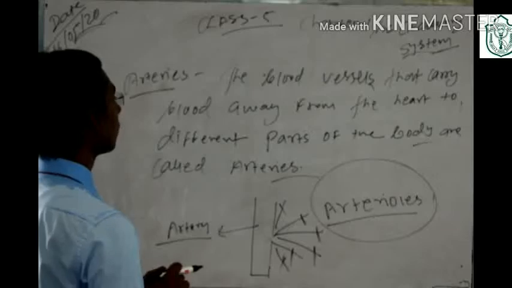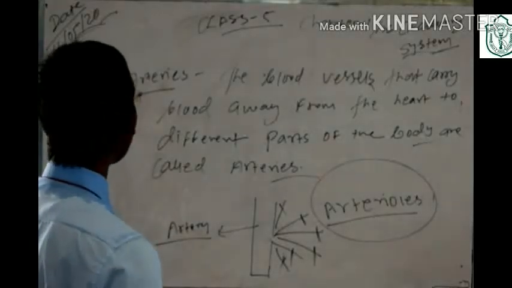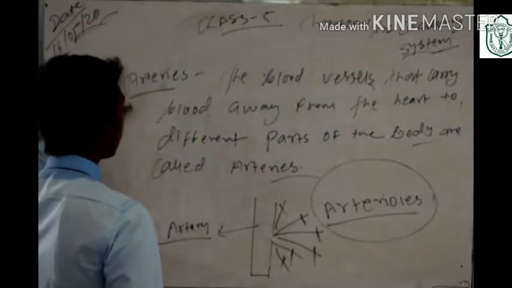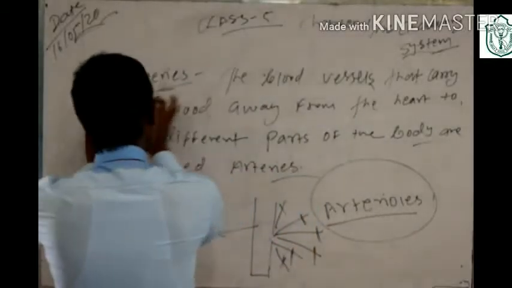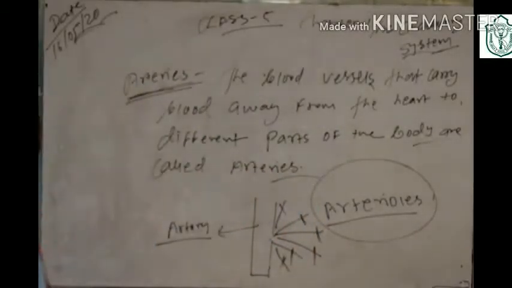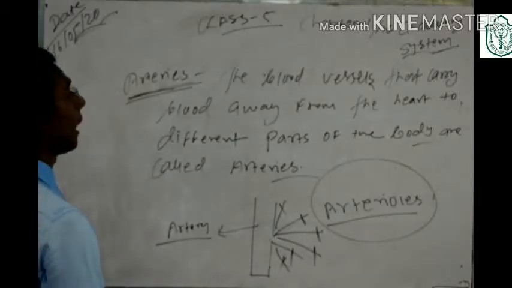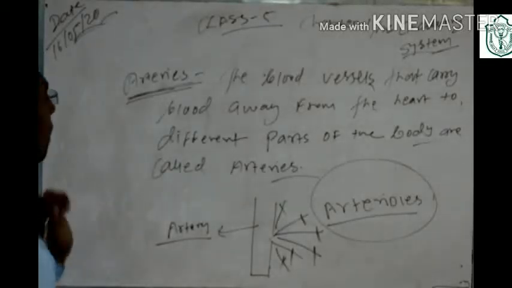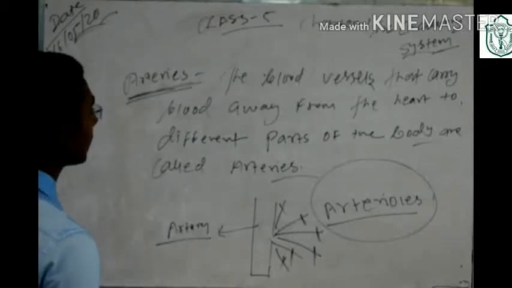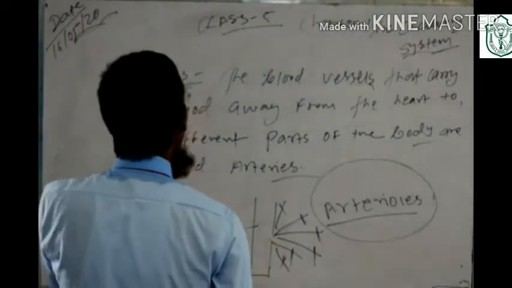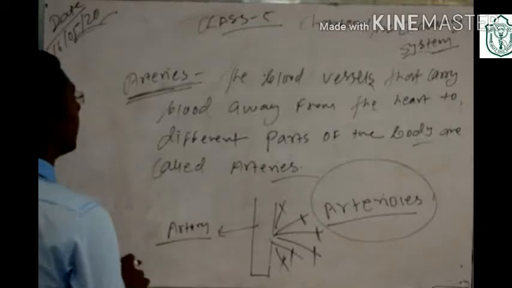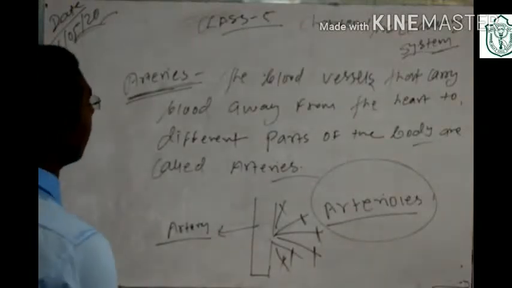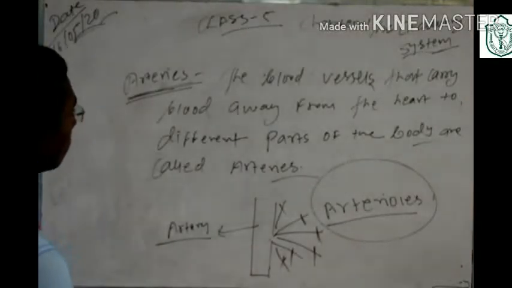Number second, according to the arteries, what are arteries? Arteries are those types of tubes in which oxygen-needed blood flows through.